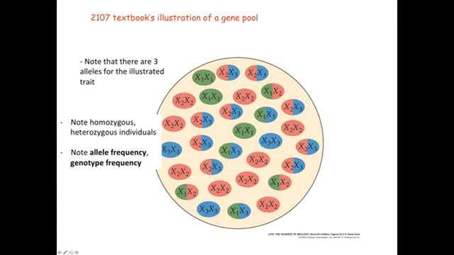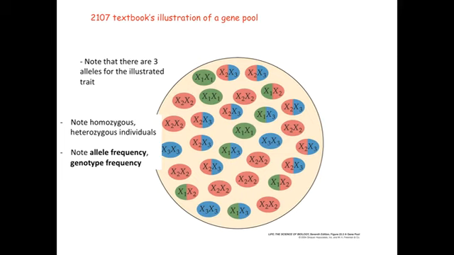and X3. And when we consider a gene pool, we're interested in what is the frequency of the allele in the total population.